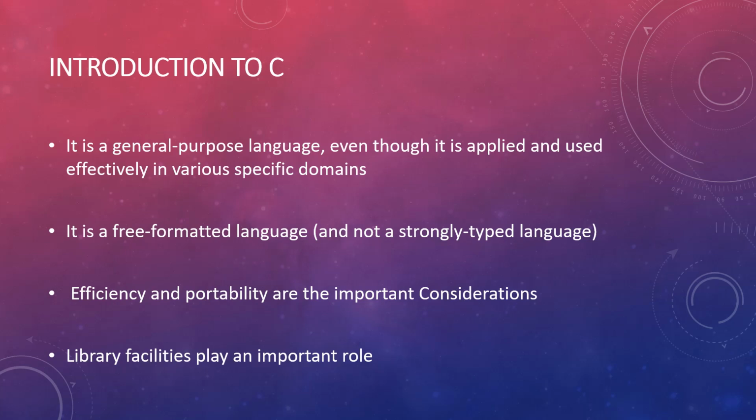For example, a sample C program can compile and run on a variety of systems such as Windows, Linux, or even a microcontroller with little to no change in the source. The libraries and facilities play an important role. These libraries make it easier to develop software because they provide reusable code, thus saving time and effort.